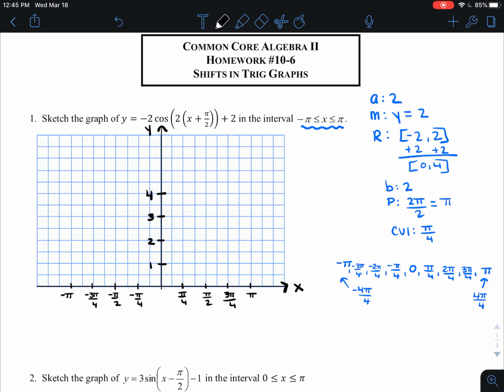Now, I have a few transformations that are occurring here, so I'm just going to list them over here. This graph is being reflected, which means for cosine, it's going to start at the min. It's also going up 2 units, so let's place our midline at y equals 2.